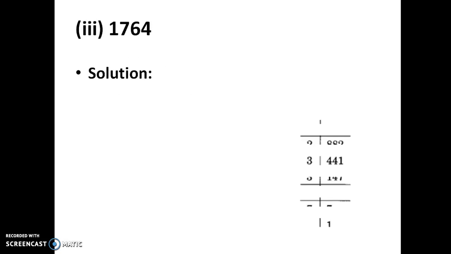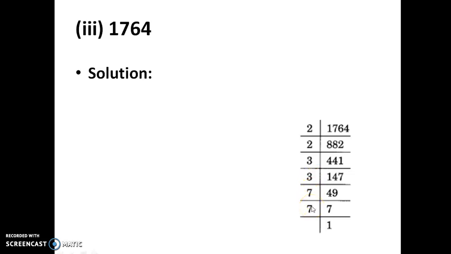1764. This number has the factors 2, 3 and 7. This number is divisible by all these factors. So with those factors you have to do the prime factorization. Here you can see how I have done. So 2 into 2 into 3 into 3 into 7 into 7.